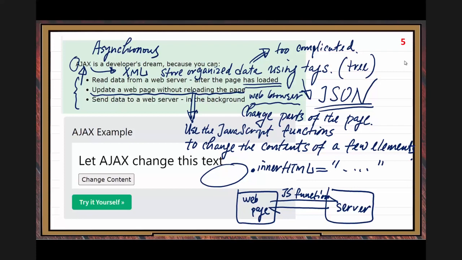But with AJAX, every time you type one character, that character is already sent to the server by the JavaScript function. After the server receives a few characters, it searches the keywords and tries to match the first few characters.